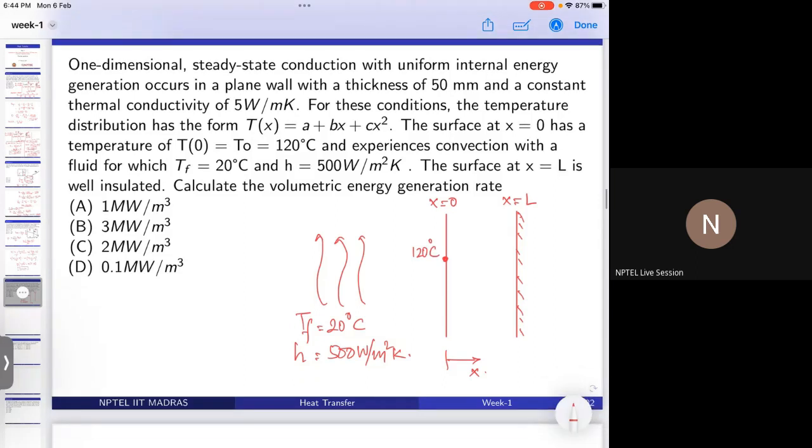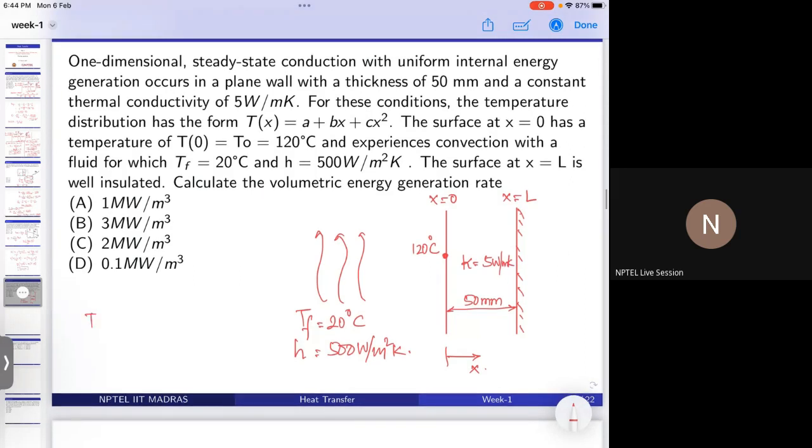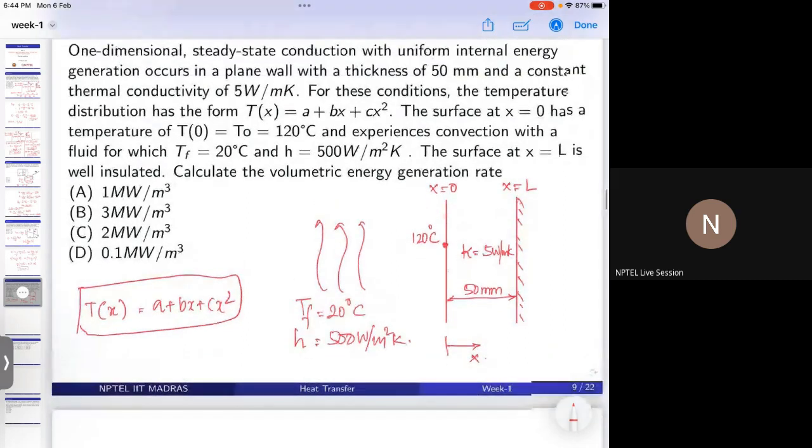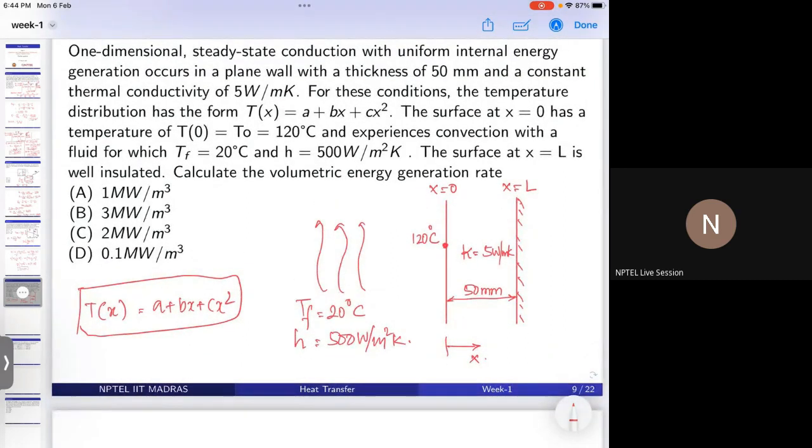The thickness is also given, that is 50 mm, and the thermal conductivity k is given as 5 watts per meter Kelvin. Also the temperature distribution T of x is given as A plus Bx plus Cx square. So these are the given things in the question. Next we need to find out the volumetric heat generation rate.